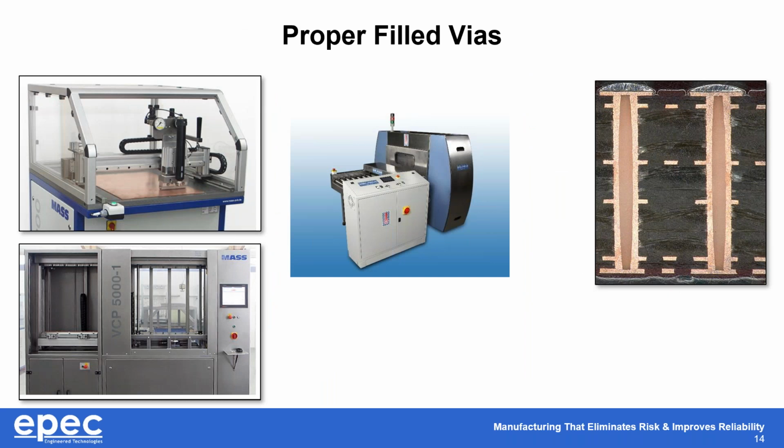And again, this is what the equipment looks like when you're creating proper filled vias, right? You've got two different types. One's vacuum assisted and one isn't. That's filling the vias. That piece of equipment in the middle is what's called a planarizer. And really, if you're forcing material pneumatically through the panel and after cure, you are going to have some run out onto the flat surface of the panel.